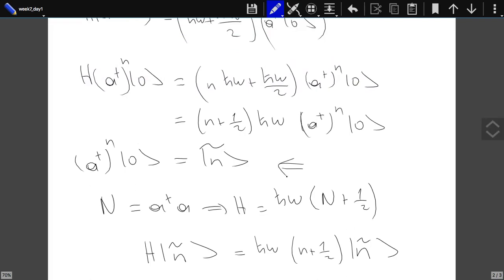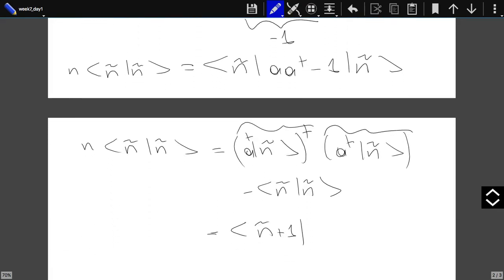|ñ⟩ is the number of A† operators acting on the ground state. So this state |ñ⟩ contains n A† operators acting on the ground state. But now I am acting with one more, so that is n plus 1 A† operators acting on the ground state.